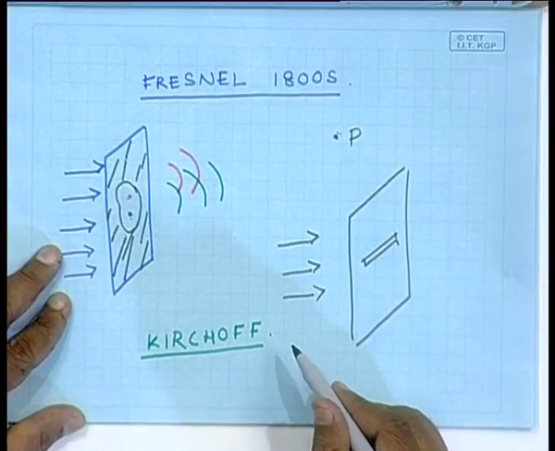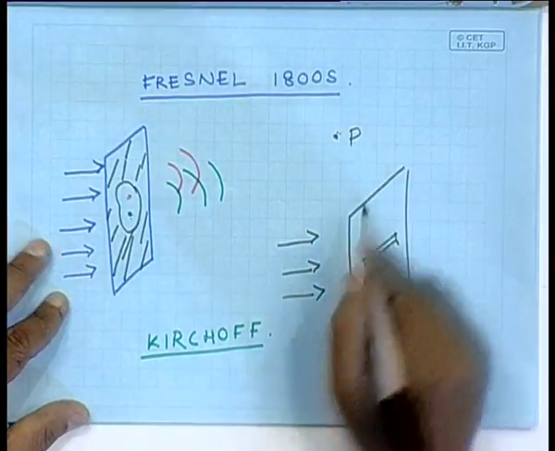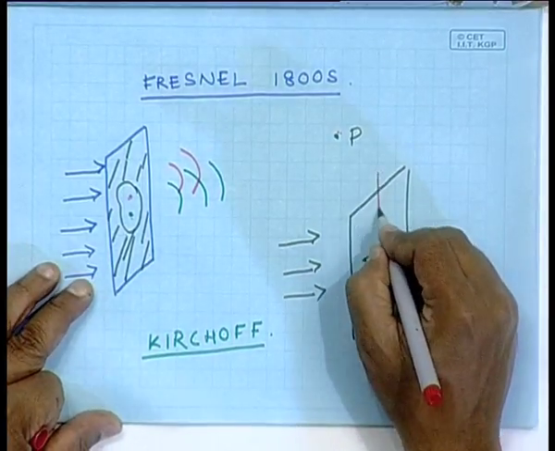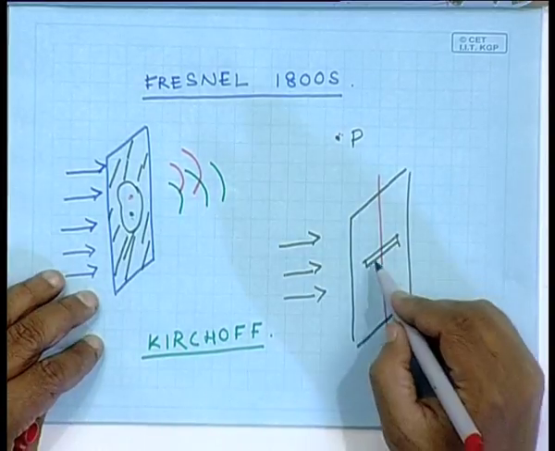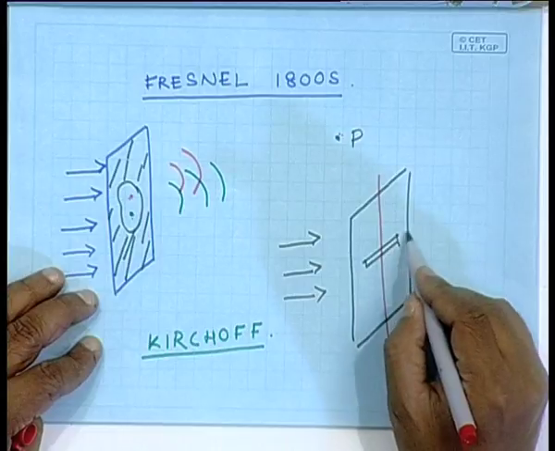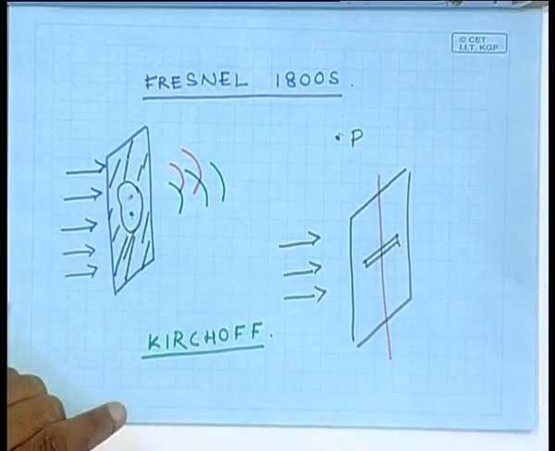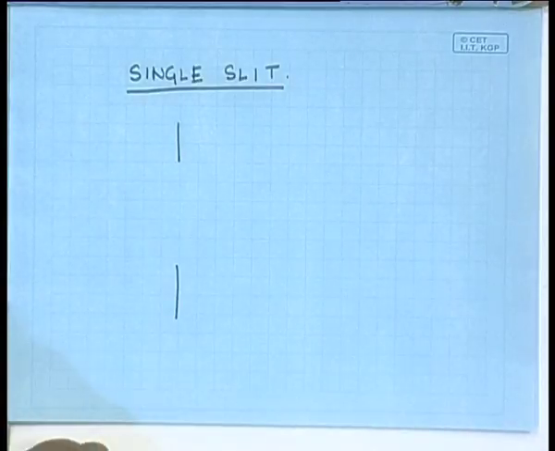We are interested in the intensity pattern on a screen far away. So, I will draw a section through this whole thing. So, the section is going to be like this. For the time being, I will ignore the other dimension of the slit, which is larger. I will focus only on the smaller dimension of the slit, and I have drawn it for you here.